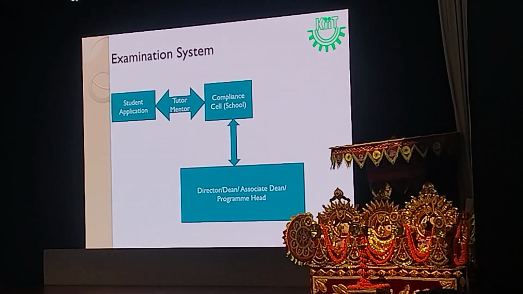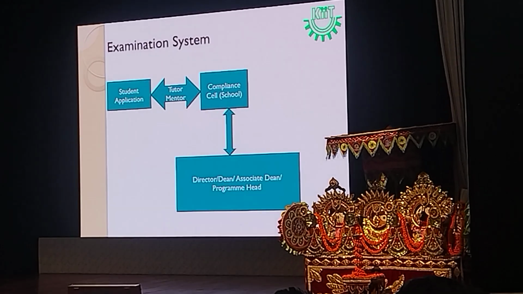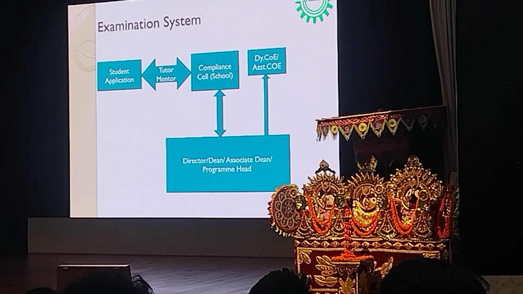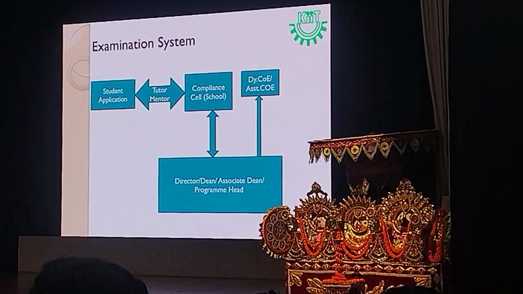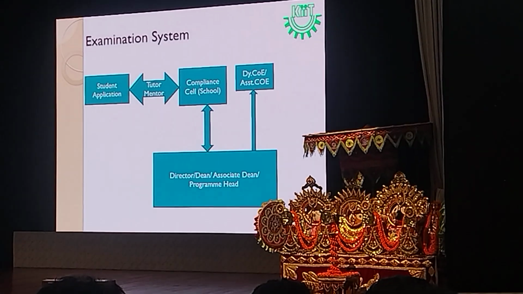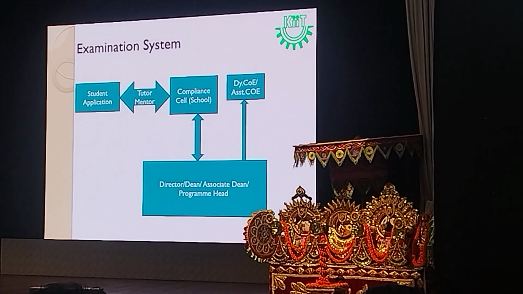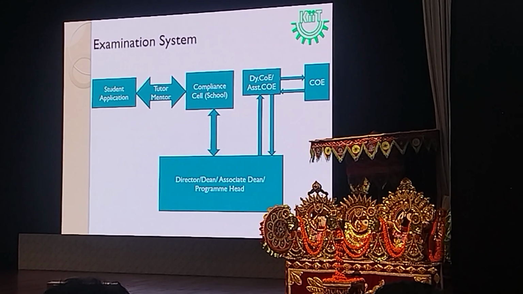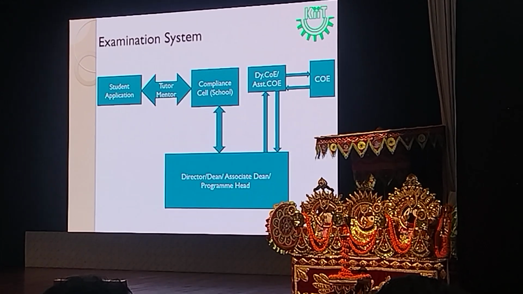The school compliance cell will discuss with the dean, director, associate dean or program head of the school to resolve the examination issue. If it is not resolved by them, then the deputy or assistant controller of examination of that school will help in resolving the issue. And in 99% of cases, the issues are resolved here. In case it is still not resolved, then the university examination department can be contacted.